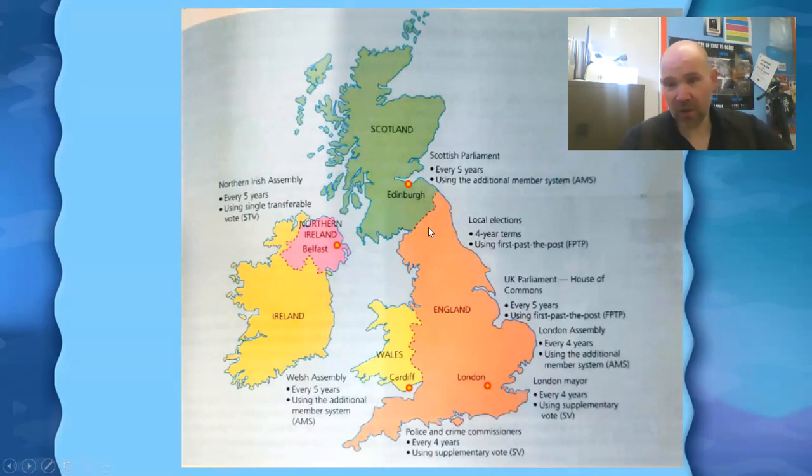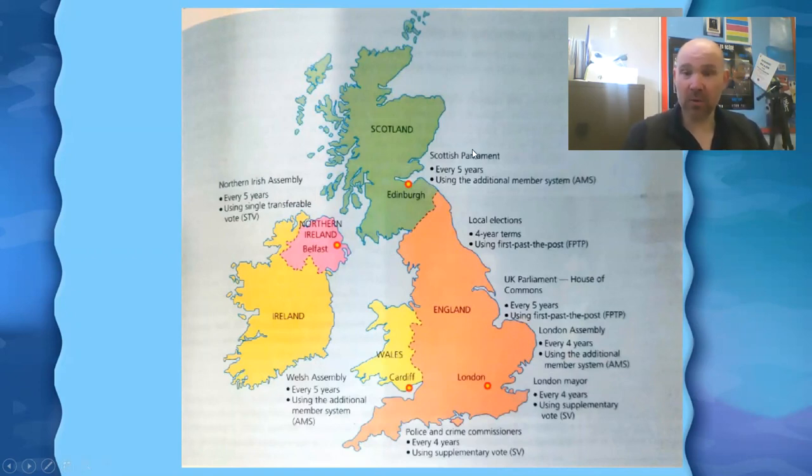For example, if we go around clockwise, the London Assembly, where the London Mayor and the various representatives there, uses a system called AMS. The London Mayor itself uses a system called SV. The Police and Crime Commissioners also use SV. The Welsh Assembly, which is obviously in Cardiff, a regional government, uses this AMS system, which we will learn about.